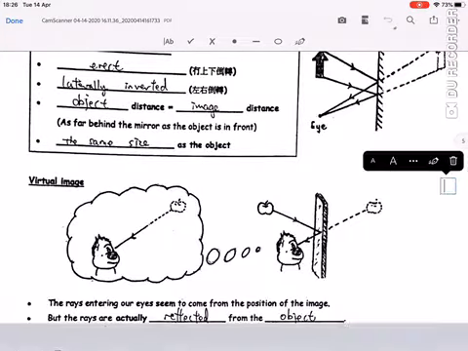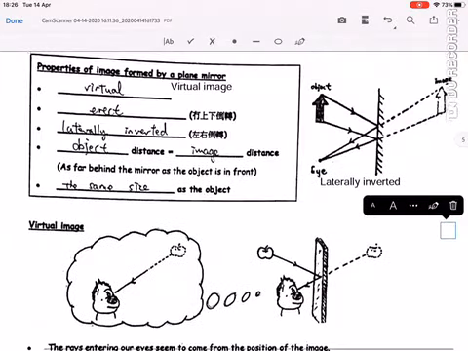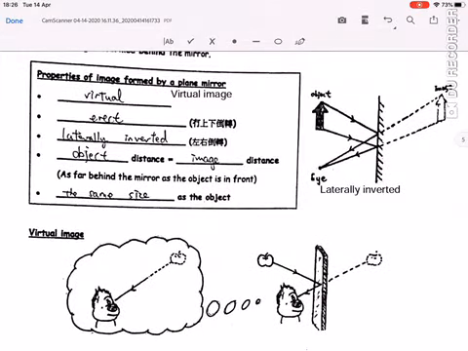Laterally inverted means that the left-hand side will become the right-hand side, and the right-hand side will become the left-hand side. So basically, it's flipped. The left-hand side and the right-hand side go in the opposite direction. That's what is meant by laterally inverted.